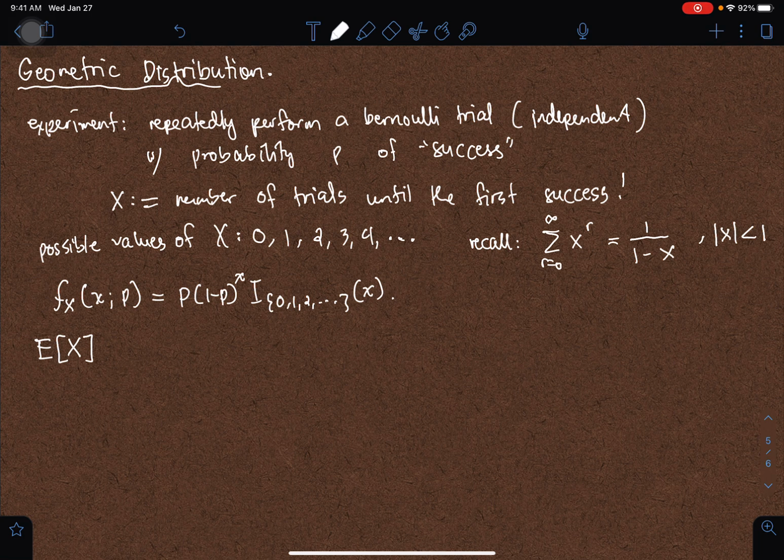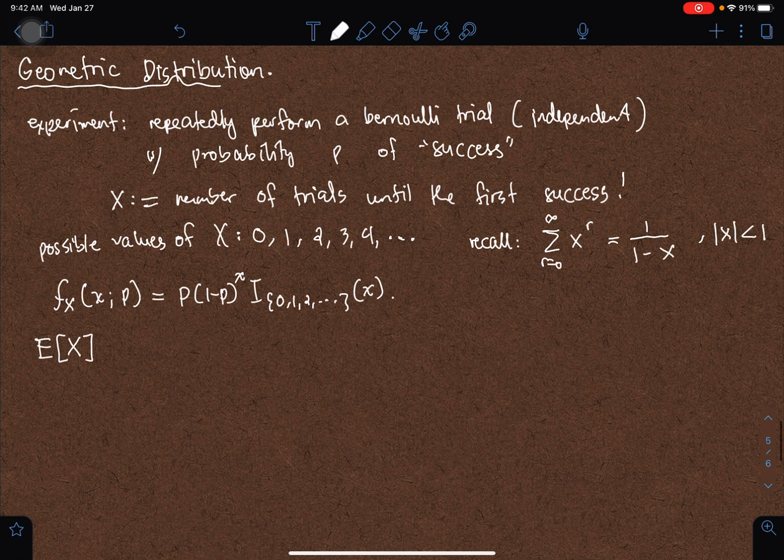That means x is a number whose absolute value is less than 1. So it could be 0.5, negative 0.5, 3/4, negative 3/4, etc. So we will be using this result. This is the geometric series. The geometric series is only convergent when the absolute value of x is strictly less than 1.